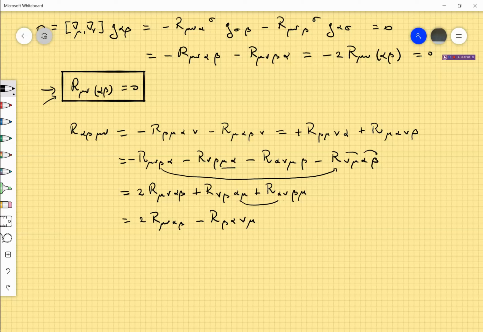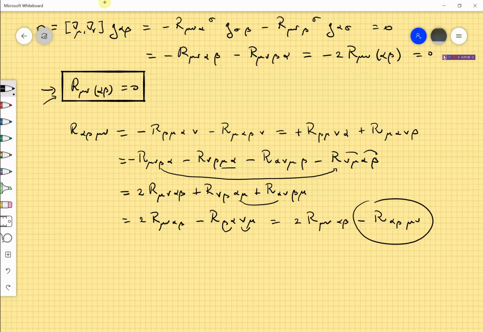Okay, now I interchange these two to put them in the standard order, and these two. So this is 2 R mu nu alpha beta minus, because I have two minus signs, R alpha beta mu nu.